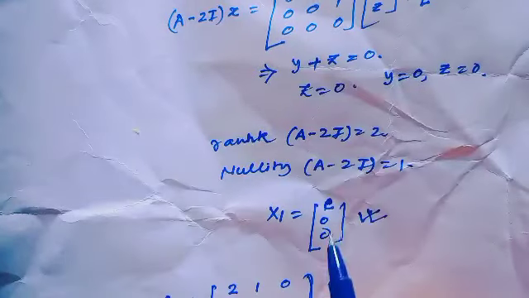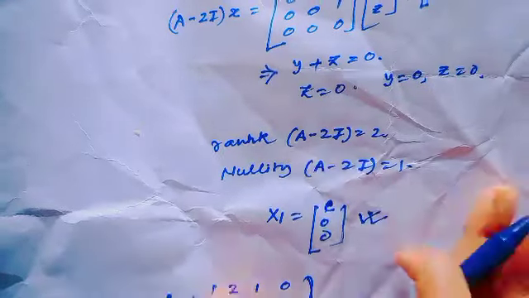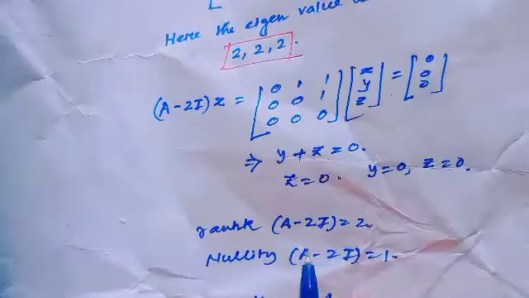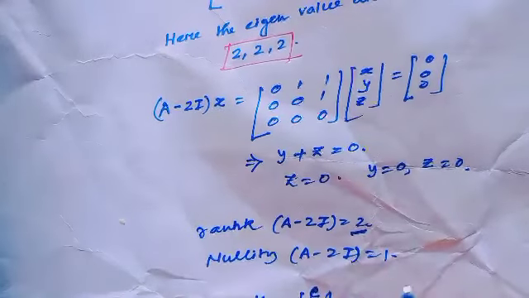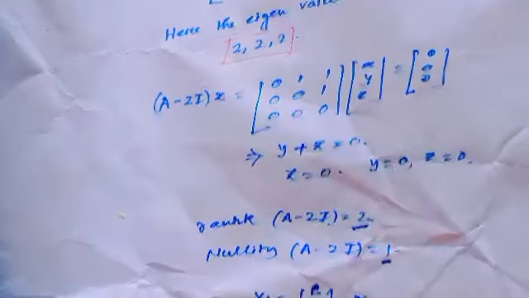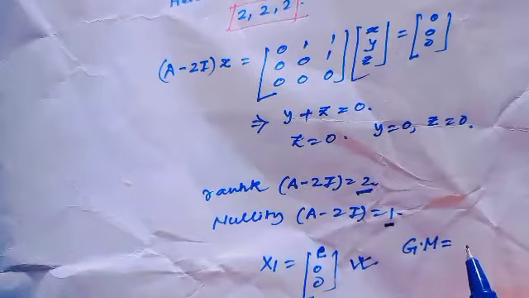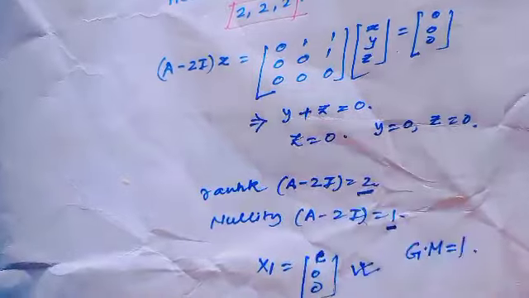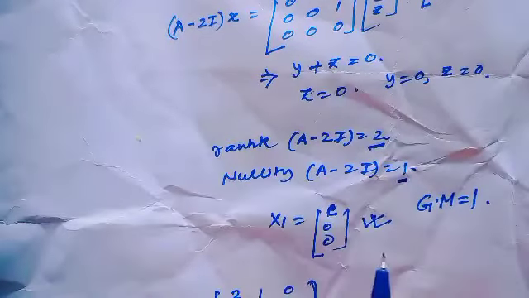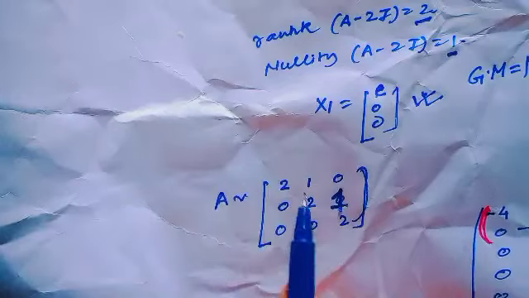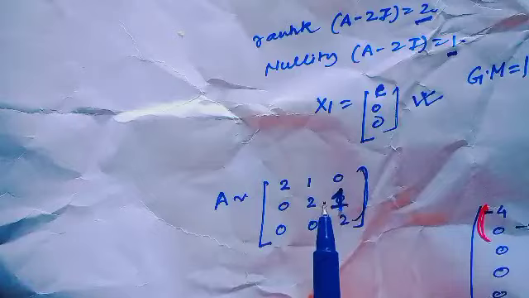So the eigenvector is of the type (c, 0, 0). Here notice the rank of A minus 2I is 2 and the nullity of A minus 2I is 1. That means the geometric multiplicity here is 1. So only one linearly independent eigenvector exists, and A is similar to this Jordan canonical form.